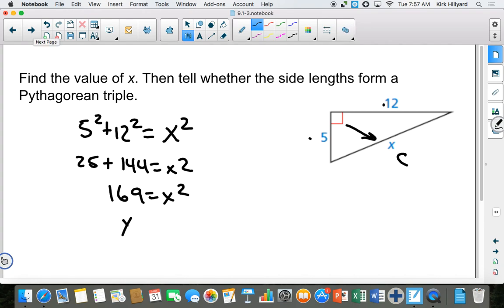And we learned that if we want to get rid of the square, we have to square root both sides. So x is equal to the square root of 169, which is actually 13.